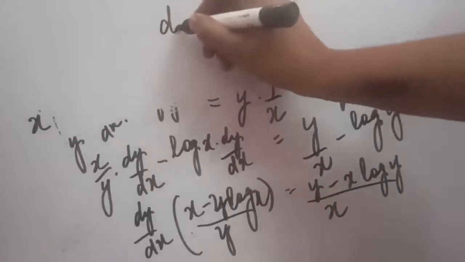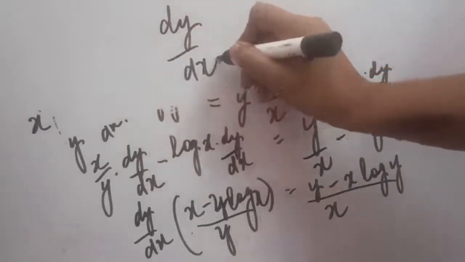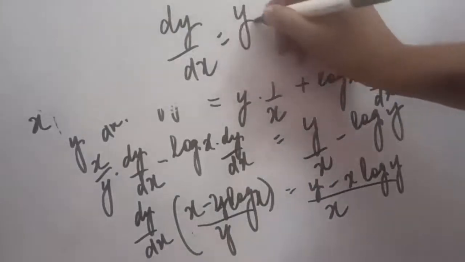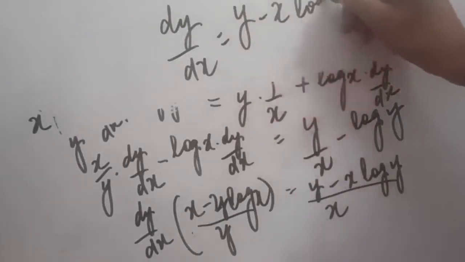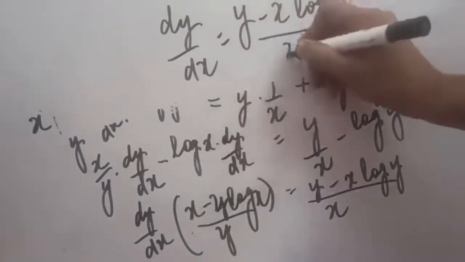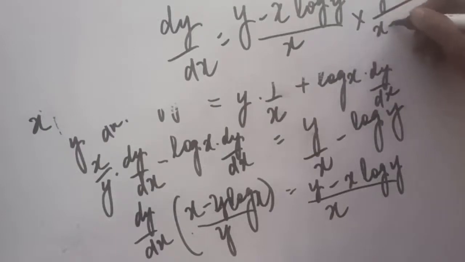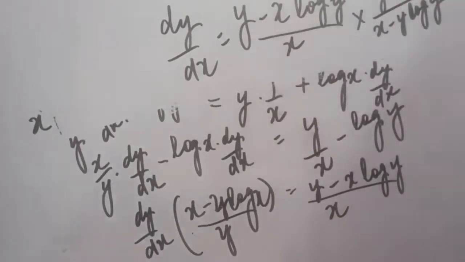So here our answer will be dy upon dx. The right hand side is the same, y minus x log y divided by x. It will be divided on the side, which means it will be multiplied in the opposite way. So y divided by x minus y log y. Correct?